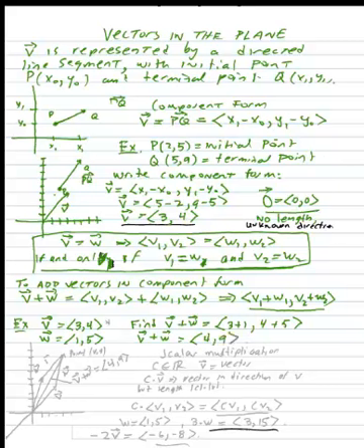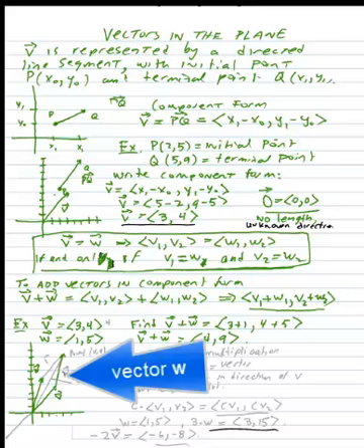So let's look at the geometry again. Here's a coordinate system. The vector 3, comma 4 is right here. The vector 1, comma 5 has terminal point up at 1, comma 5. So there's the vector w. We wanted to add vectors tail to head. So if I take the tail of vector w and append it to the head of the vector v, that would be the vector w, and completing my parallelogram, vector v again.